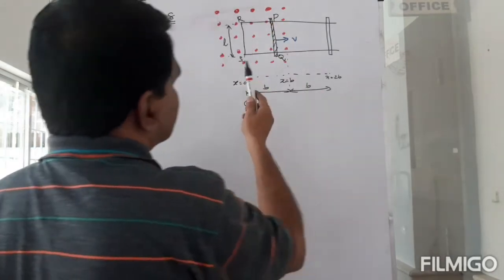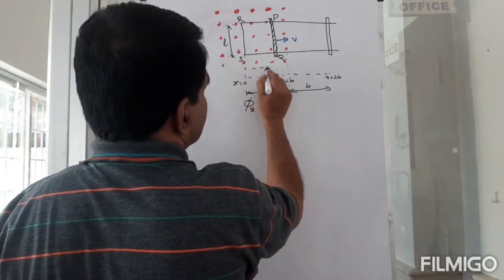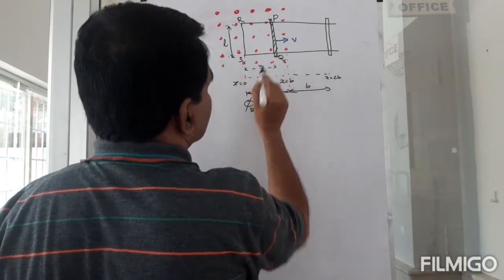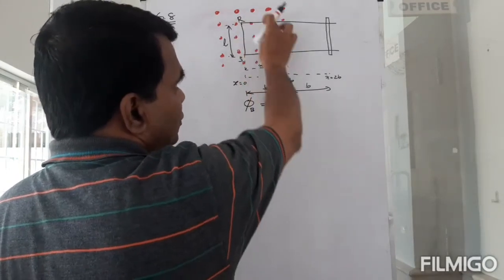And what is that flux? Suppose I take some distance x. Let's say this is my distance x. So what would be the flux which goes through this loop?